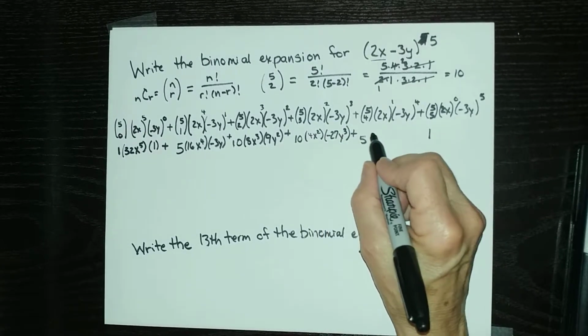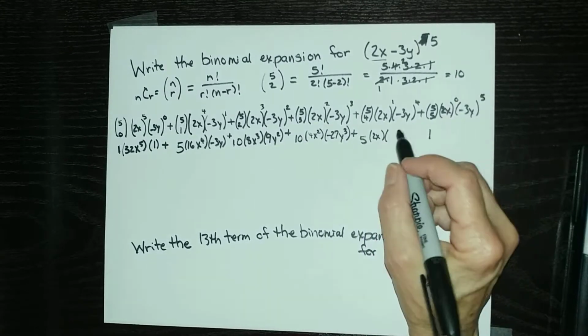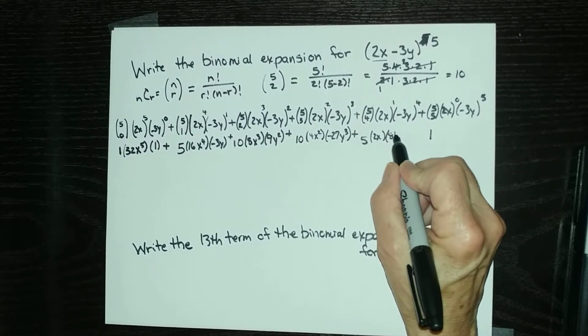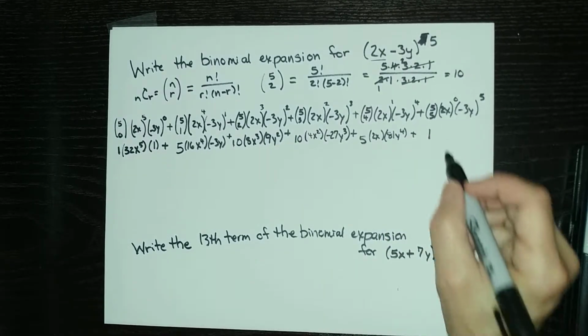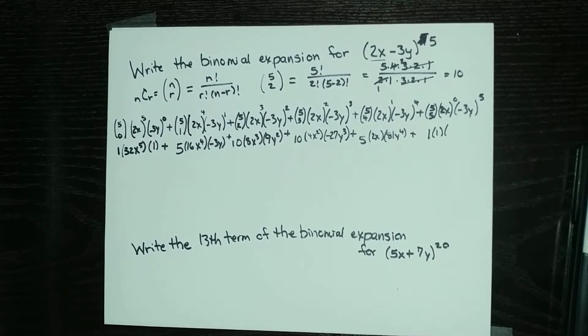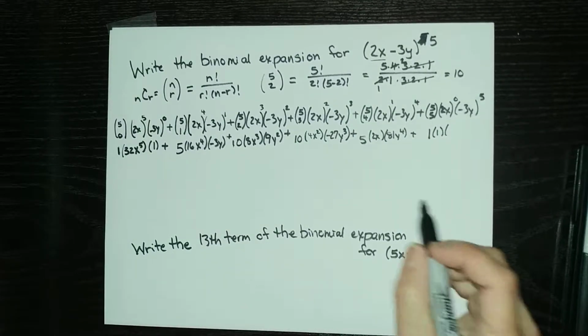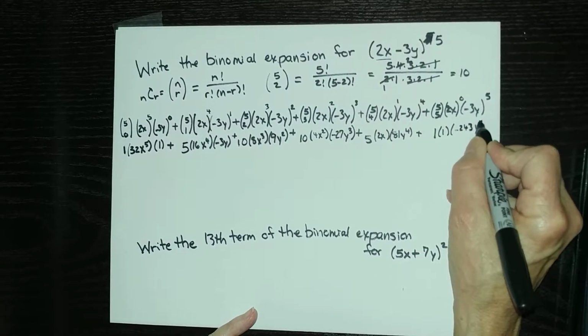Plus coefficient is 5 times 2x times negative 3 to the 4th, which is positive 81, y to the 4th. Plus 5 choose 5 is 1, 2x raised to the 0 power is 1, and negative 3 raised to the 5th power, with the help of my calculator, is negative 243 y to the 5th.